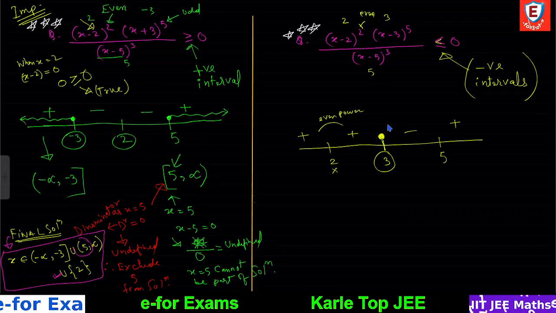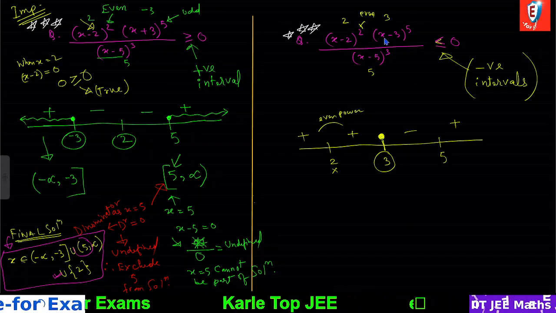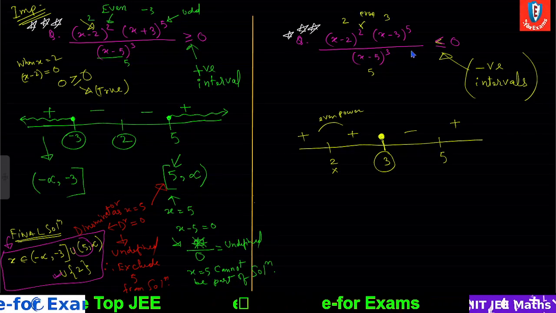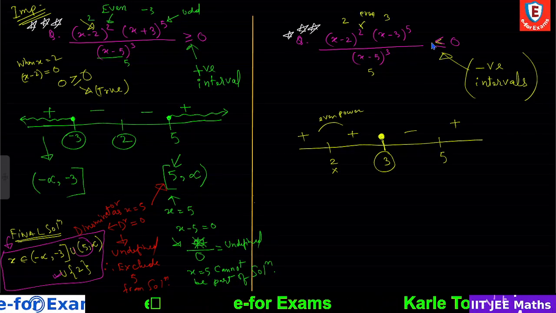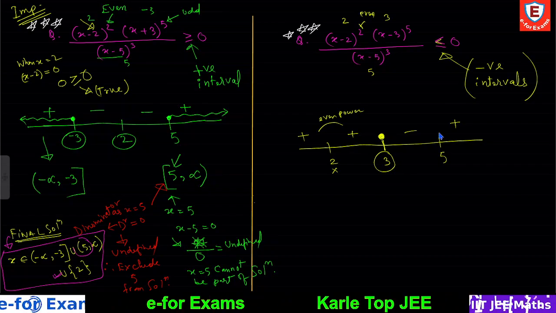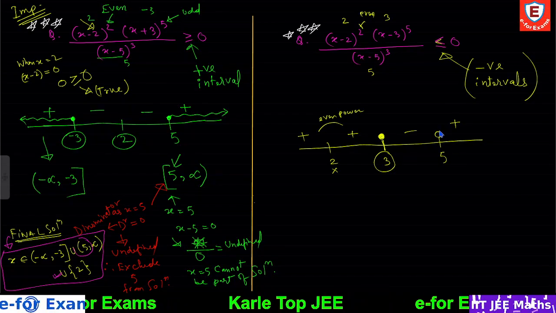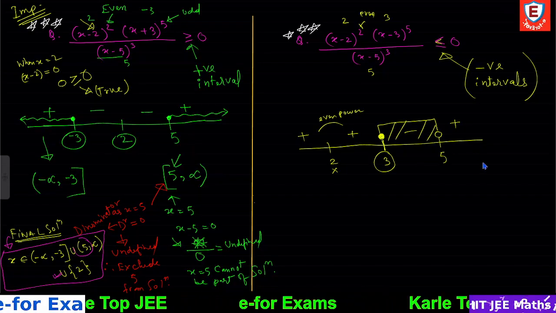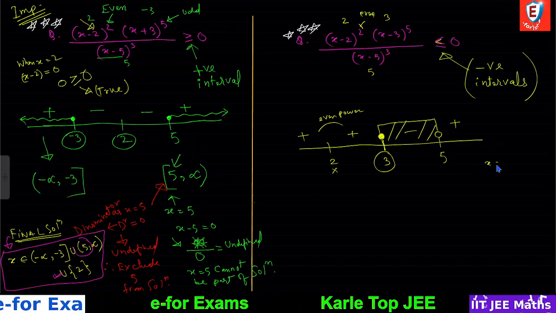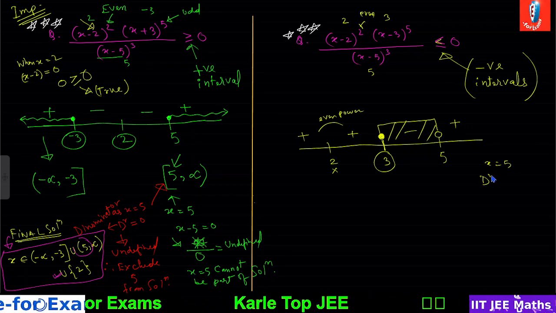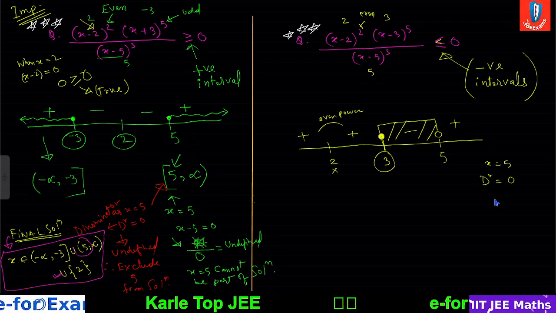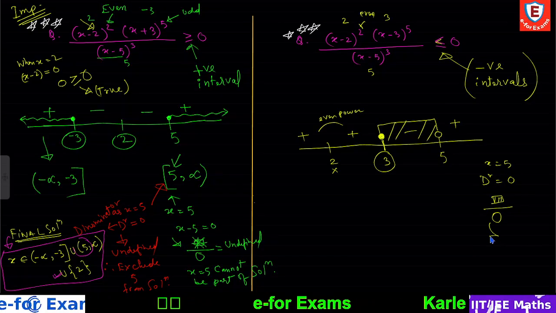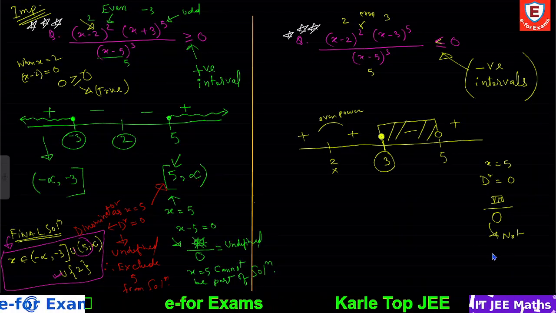3 will be included because when x is equal to 3, the numerator becomes 0 and the whole left side becomes 0. 0 less than or equal to 0 is true. So 3 will be included, but 5 will be excluded. Why? When x equals 5, the denominator equals 0 and something divided by 0 is not defined.